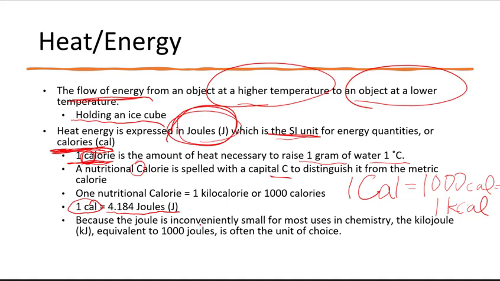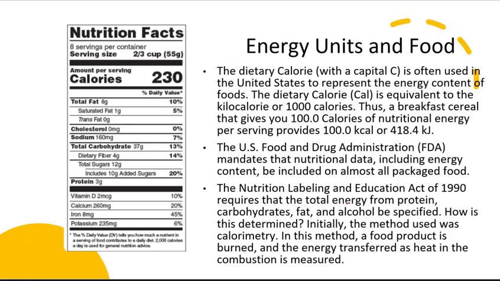The joule is inconveniently small for most uses in chemistry. So the kilojoule, kJ, is equivalent to 1,000 joules, and it's often the unit of choice. The dietary calorie, again, we use capital C. So notice on your nutritional labels, it'll say capital calories. It's often used in the United States to represent the energy content of foods.